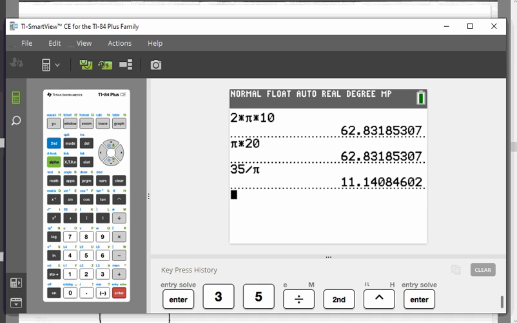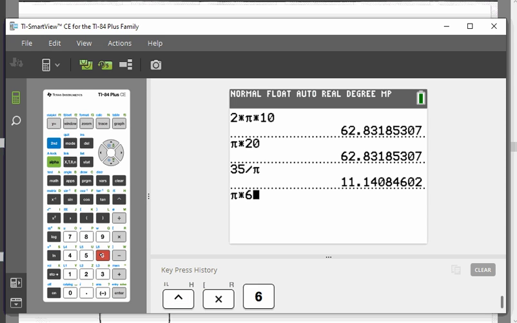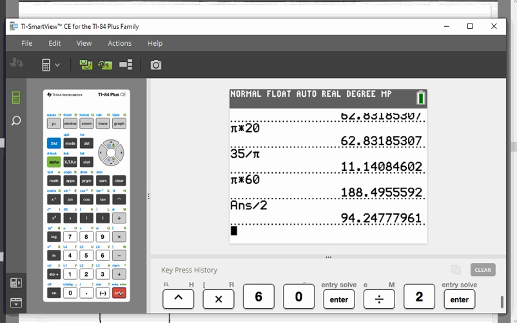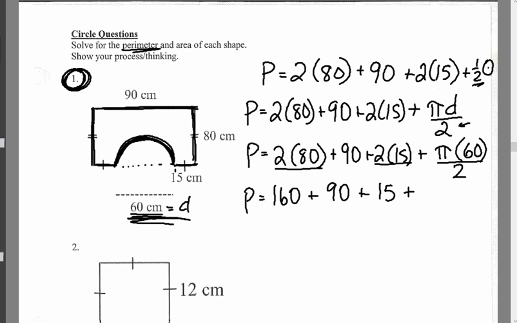Pull it up on our calculator. Pi times 60, divided by 2 because we're only walking around half of it, gives 94.2. So we can do uglier circle questions, but it requires a bit of thinking.